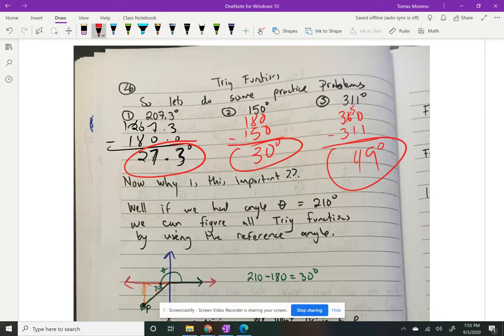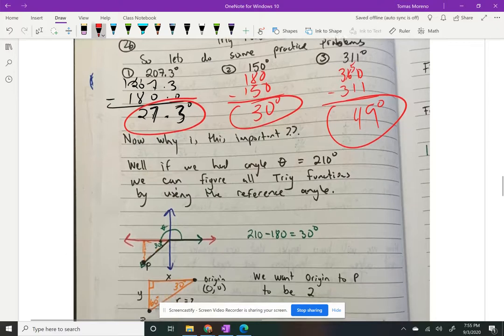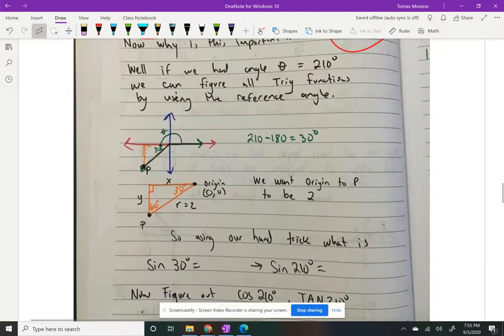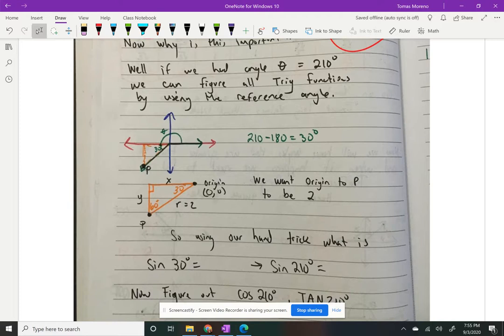So why is this even important? Kind of seems like it's basic math. Well, the reference angle is important because when we're doing our trig ratios, sometimes we're going to be in quadrant 3, and when we're building our little triangle right here, we want to know this angle. If we put angle 210, I don't want to deal with big numbers.